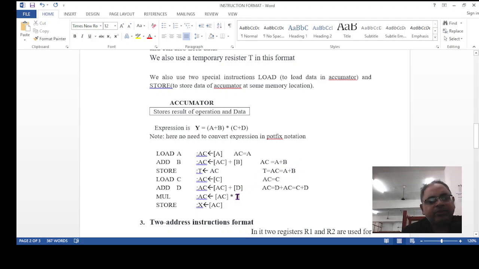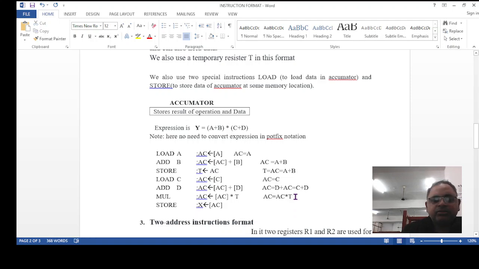And again, the result of any operation is stored in the accumulator. So content of accumulator will be multiplied with the content of t, and the resultant will be stored back into the accumulator.